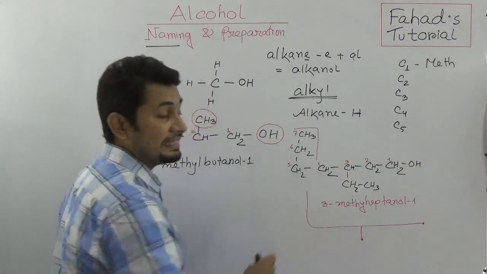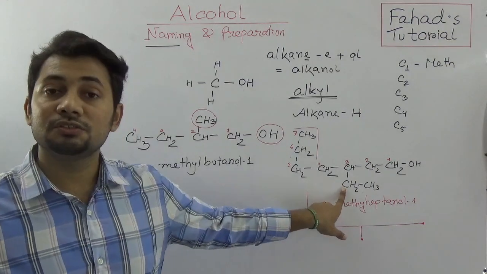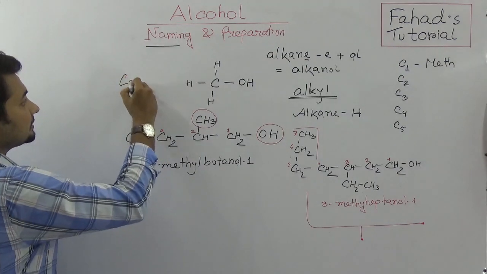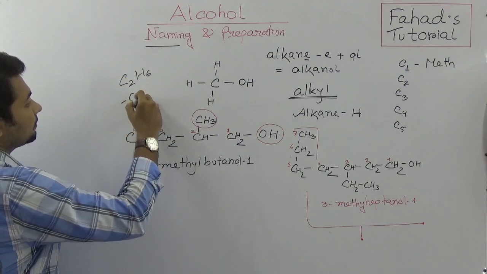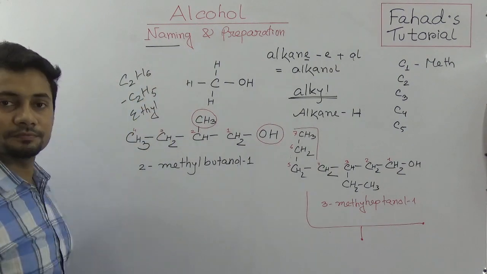That would be 3-ethyl heptanol 1, because this is CH2CH3, that is an ethyl group. We know that ethane is C2H6, so C2H5 is the ethyl group.